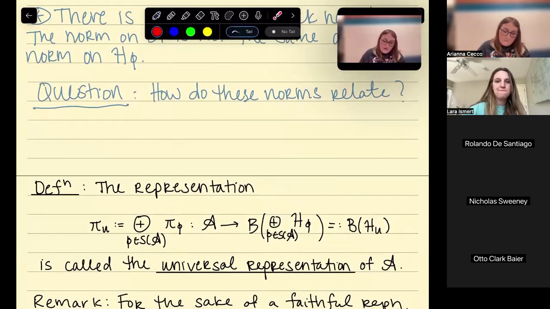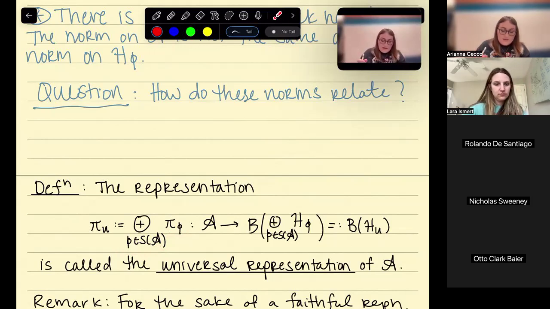Definition. We want to define this new representation, pi sub u, to be the direct sum of pi sub phi, where we sum over every element phi of the state space.